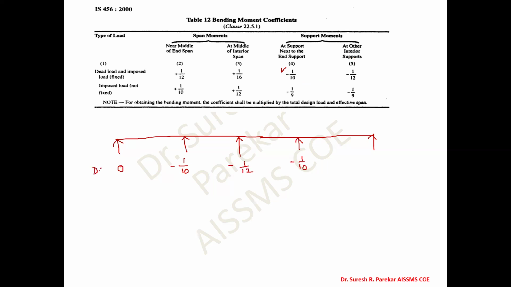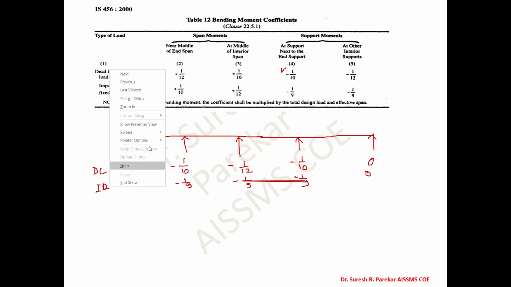So these are for dead load. Here we have 0. For imposed load, the values are given as minus 1 by 9. Everywhere we have that is minus 1 by 9 and minus 1 by 9, 0. So here also we have 0. This is due to imposed load. Then these are for support moment.